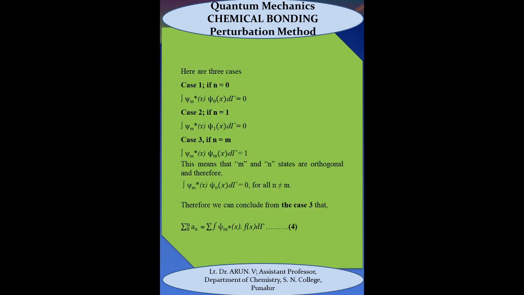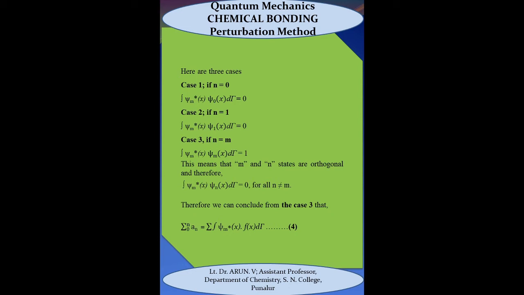Here there are three cases. Case 1. If n is equal to 0, then the integral of psi m star(x) psi 0(x) d-tau is equal to 0. Case 2. If n is equal to 1, then the integral of psi m star(x) psi 1(x) d-tau is equal to 0. Case 3. If n is equal to m, then the integral of psi m star(x) psi m(x) d-tau is equal to 1.